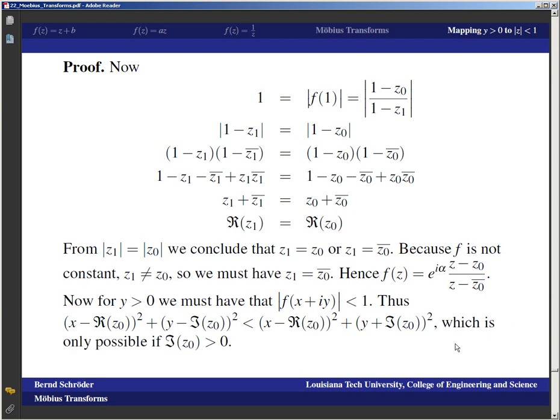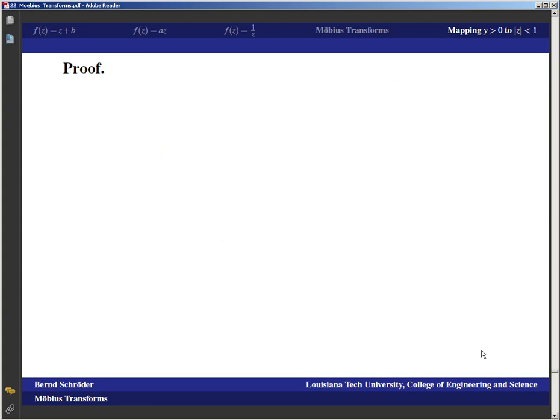And the only way that can happen is if the imaginary part is greater than 0, because we have y greater than 0, and if the imaginary part was smaller than 0, then this thing would be greater than y, this thing would be smaller than y, everything else cancels, so that inequality couldn't be justified otherwise.